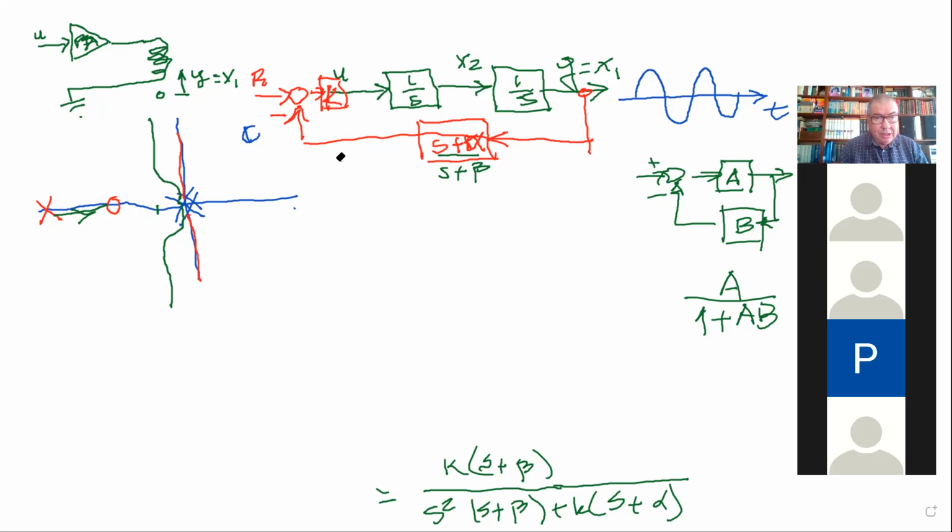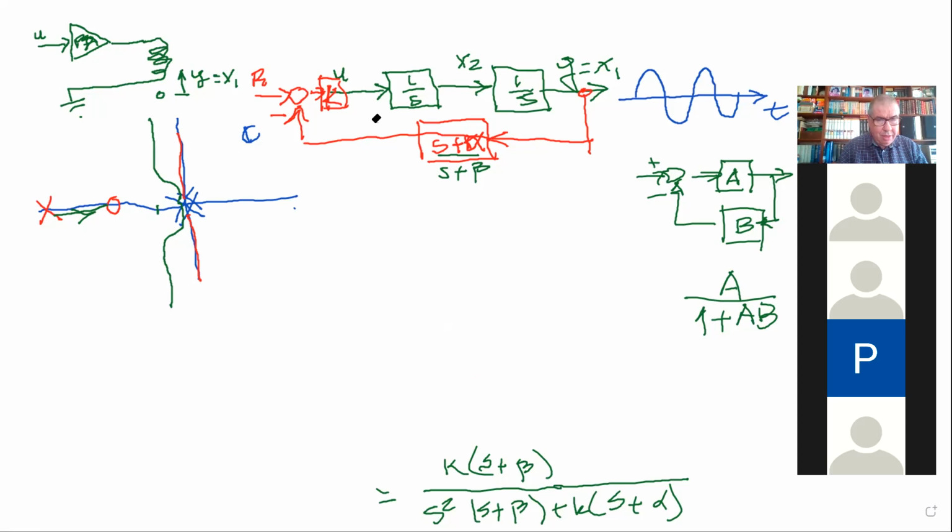This 0 in alpha is not a 0 of the closed loop, but it has the effect of attracting the branches of the root locus. If you have placed it there, then this alpha would be a 0. So you have the two options.